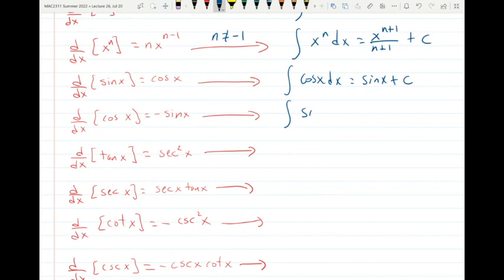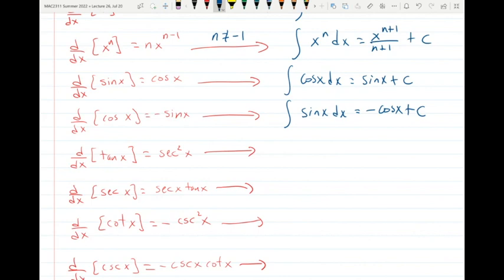So what does that mean about the integral of sine? It's negative cosine, plus c. You remember, if you say cosine, what's the derivative of cosine? Negative sine, but we want sine. So we need to put a negative to cancel the negative the derivative gives you. So it's negative cosine.